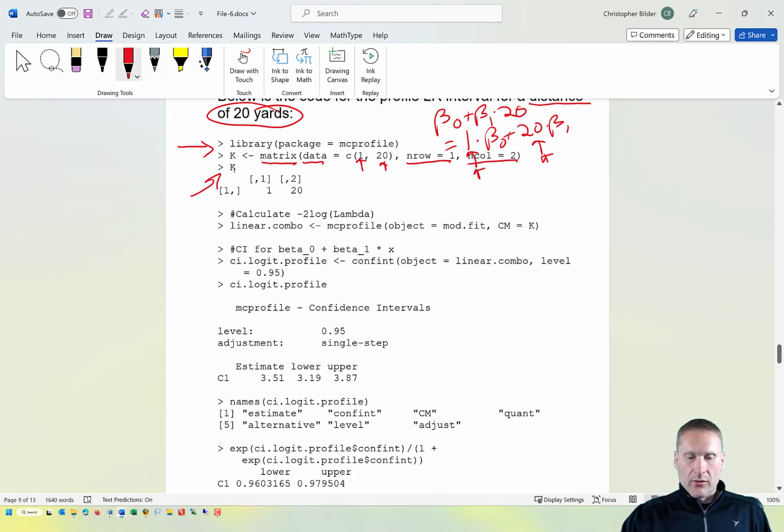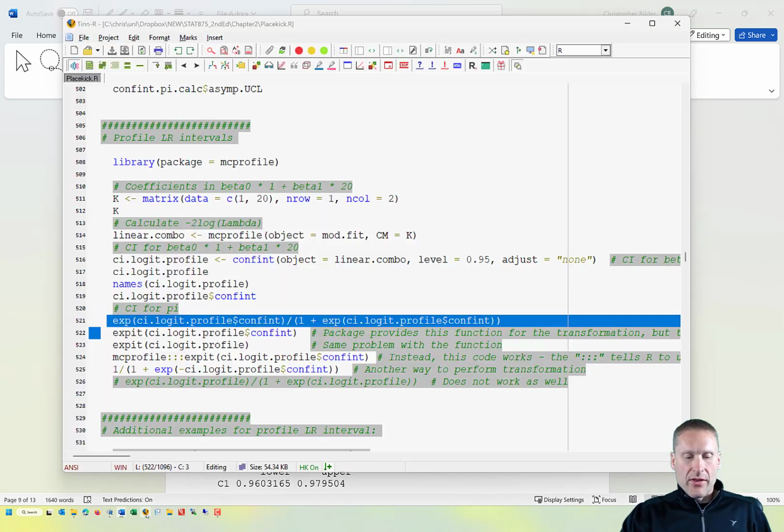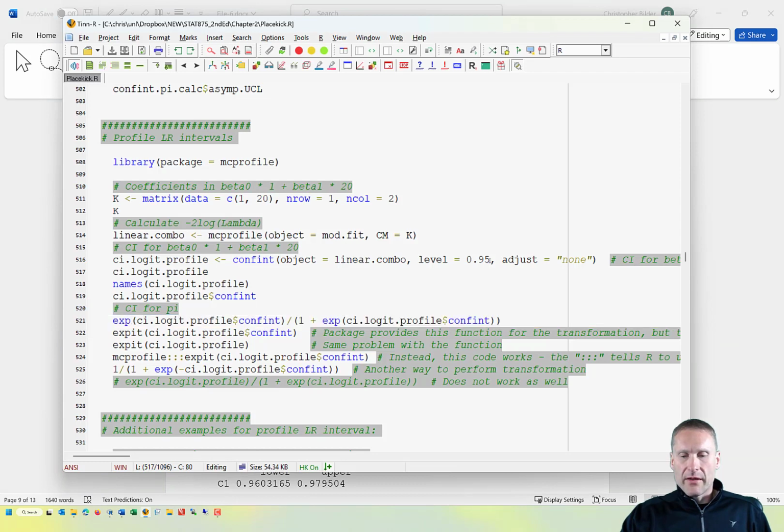And basically what it comes down to is that you can, where do I specify that? Actually, I don't have it listed there, but I do in my program itself. Rather than saying adjust equal none, you can use some other term here for the adjustment to control the family-wise confidence level.